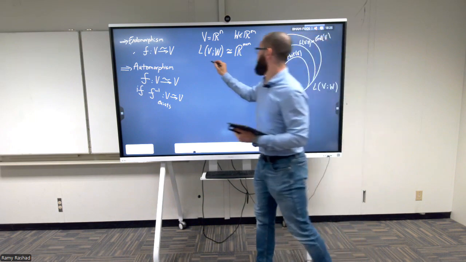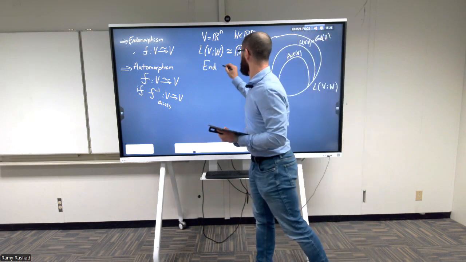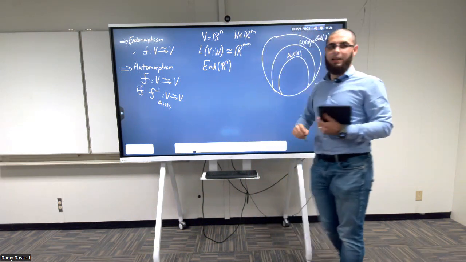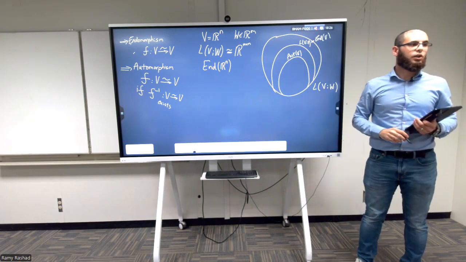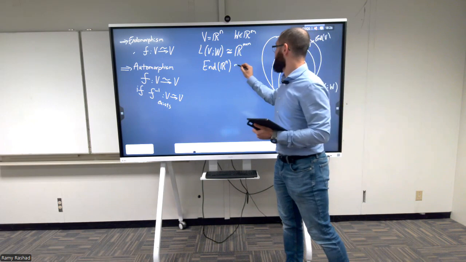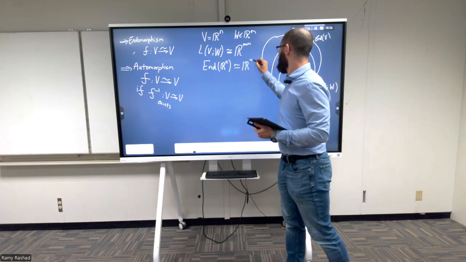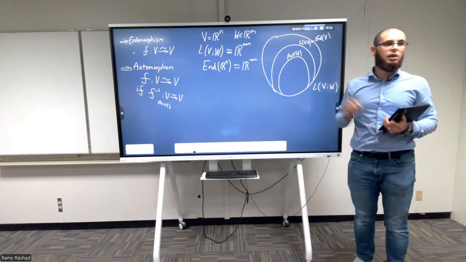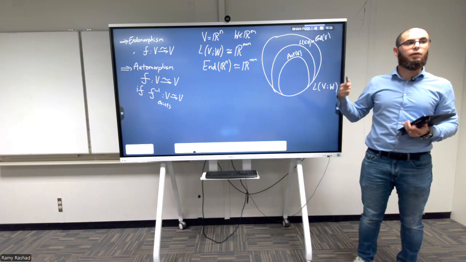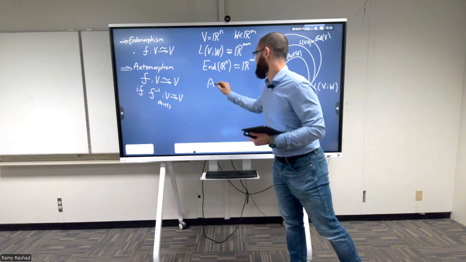What do you think the endomorphisms are on R^n? What are the linear maps from R^n to itself? Square matrices, exactly. Square matrices, which are n times n, they are the endomorphisms. What is an example of automorphisms on R^n?